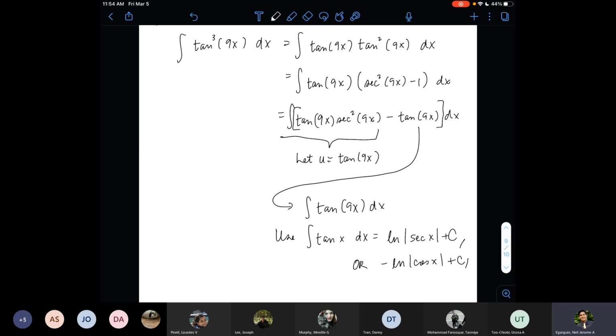Powers of trig functions is important because if you go to section 8.3, remember there you are integrating square roots, and to get rid of the square roots, you use trigonometric substitution. So you turn everything into trigonometric functions, and there is a big chance that you will encounter powers of trig functions.